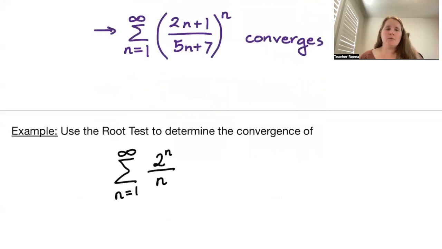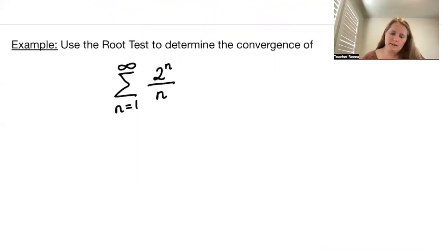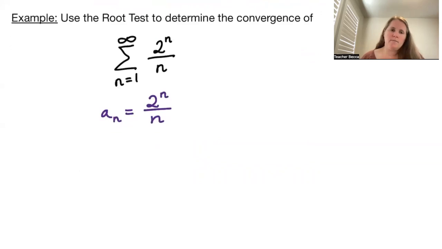Once again, let's go ahead and use the root test to determine the convergence of the sum from n equals 1 to infinity of 2 to the n over n. So in this case, our a sub n is 2 to the n over n.